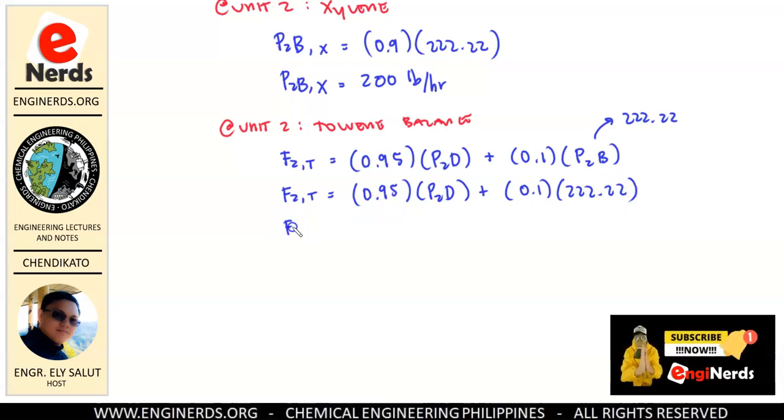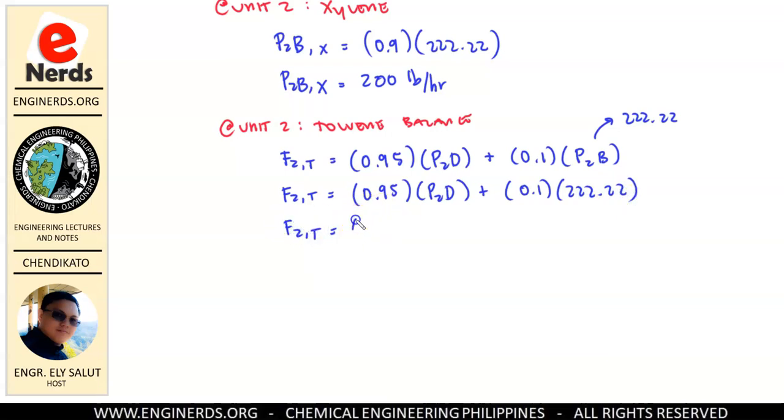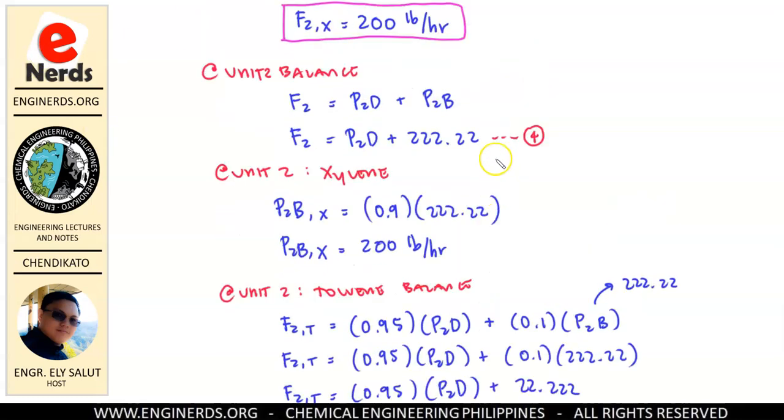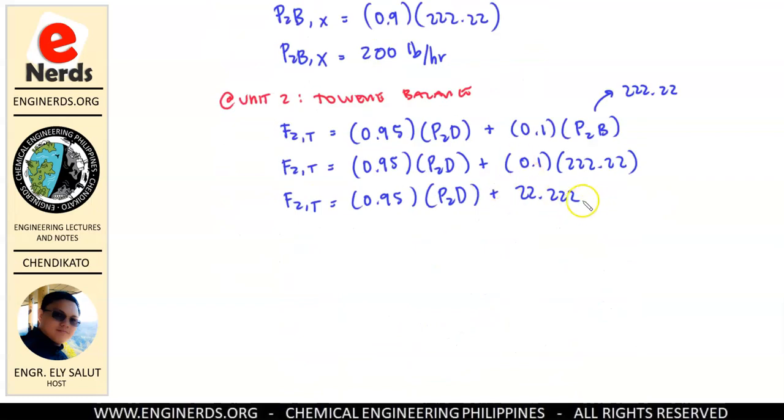Right, so therefore our F2T is equal to 0.95 times P2D plus 0.1 times 222.22, which is 22.222. Okay, so let me have this as equation 5. Okay, so let us name this equation 5. Okay, we will use this later.